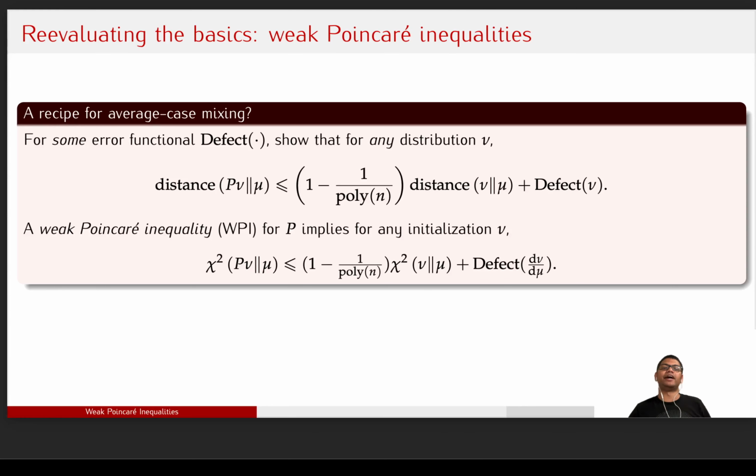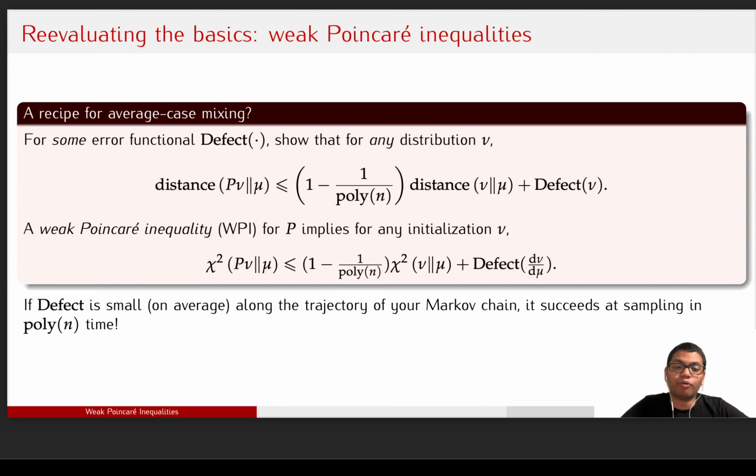And in particular, we say that a Markov chain satisfies a weak Poincaré inequality if for any initialization you satisfy this distance contraction with a defect for the chi-square divergence.